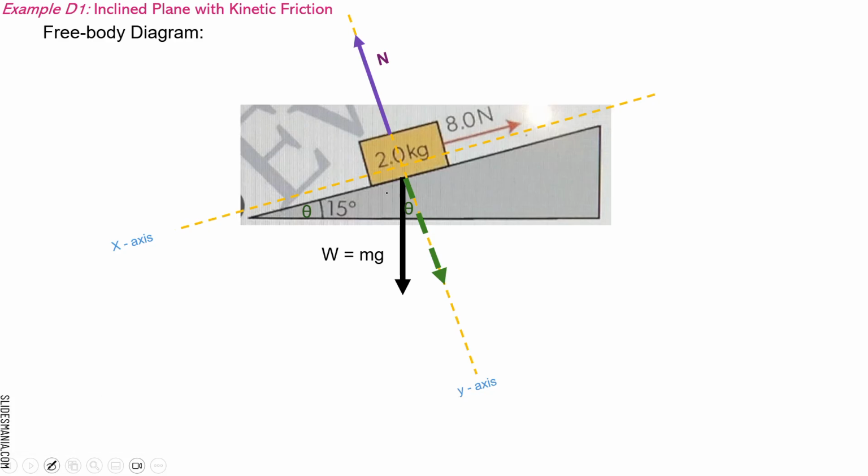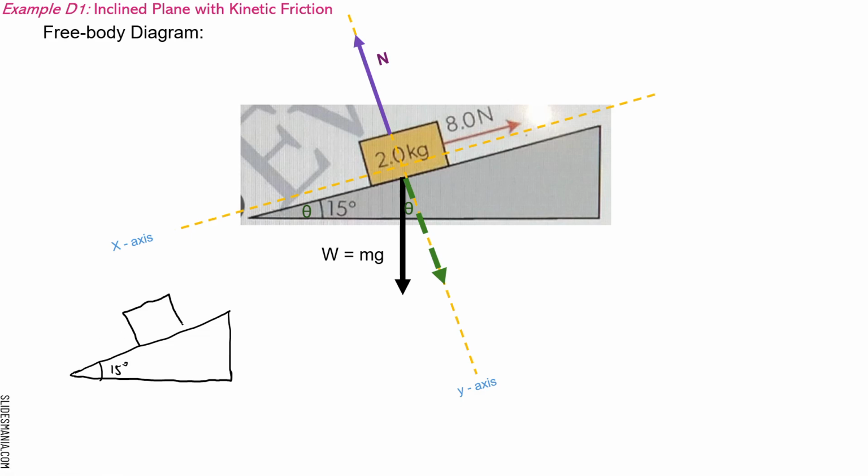Let's view this figure in another way, okay? So again, this is our angle, right? Let's redraw the ramp. So this is our ramp right here. Again, the ramp is 15 degrees. Now, we have the box that's here.